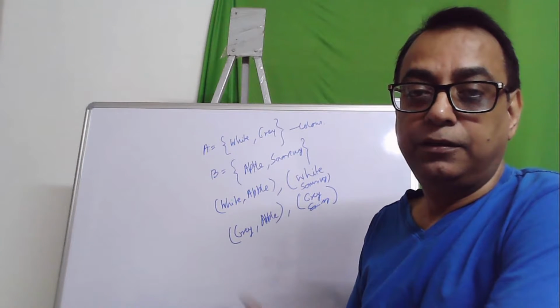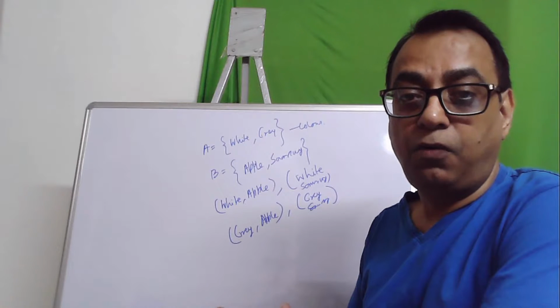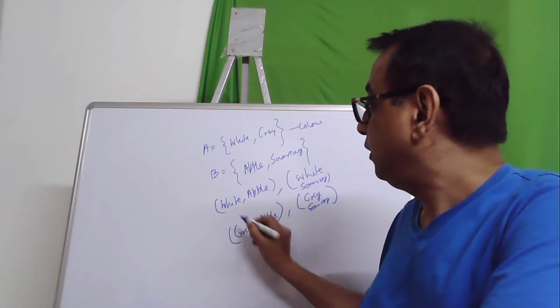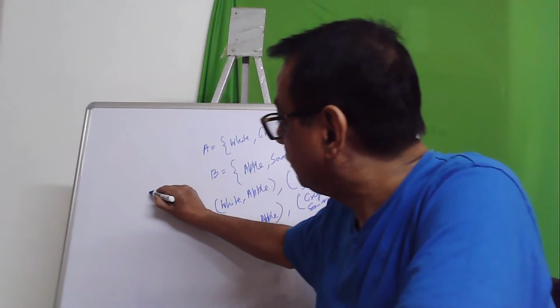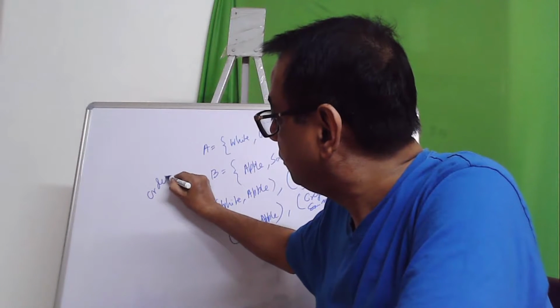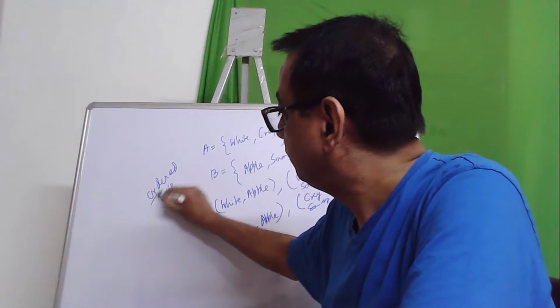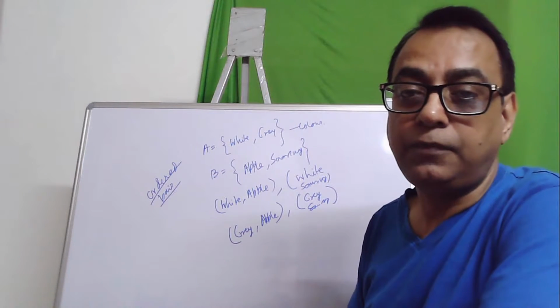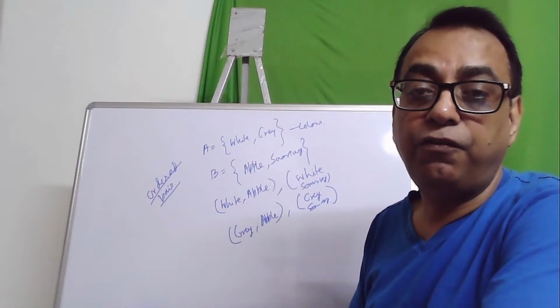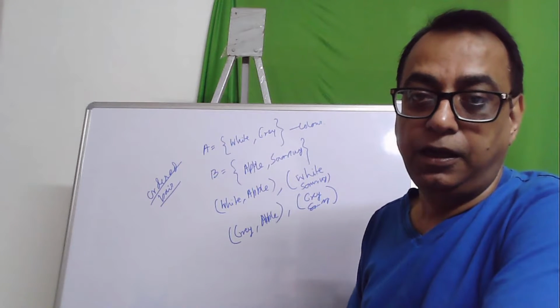So these are the possible combinations. Each one is called an ordered pair. This is very important. This is a term which is used. It's called an ordered pair. So here we have 4 ordered pairs.